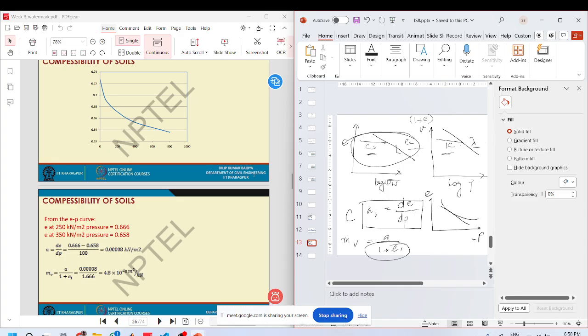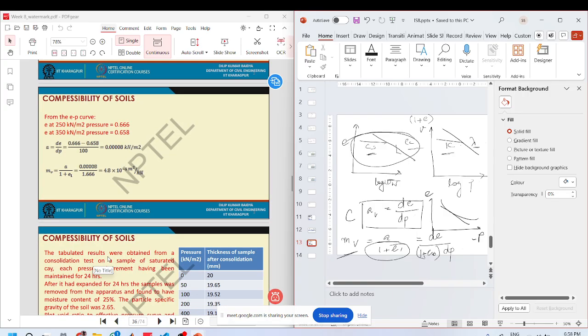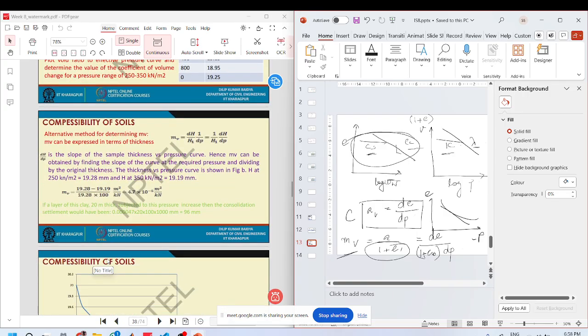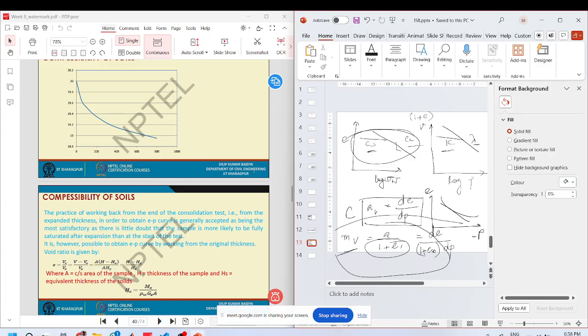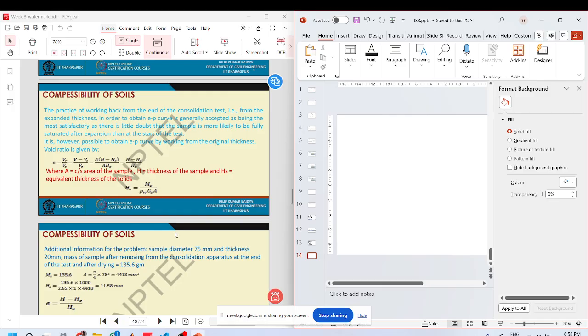This is your specific volume, so you are dividing it by your initial specific volume. This is your coefficient of volume compressibility. This basically tells you about the compressibility of the soil.